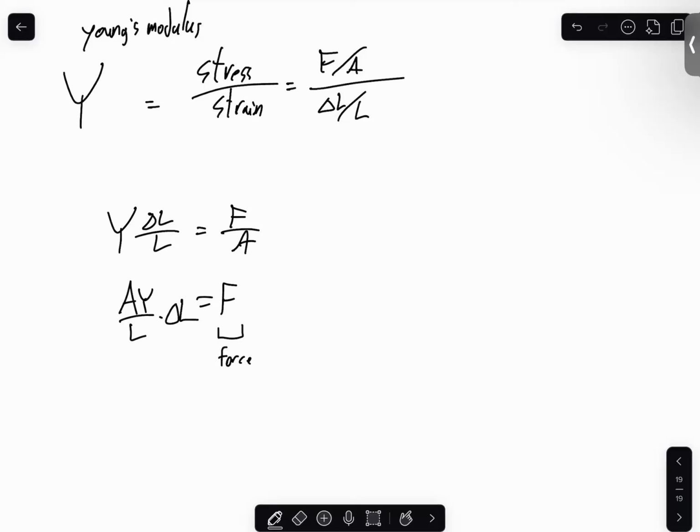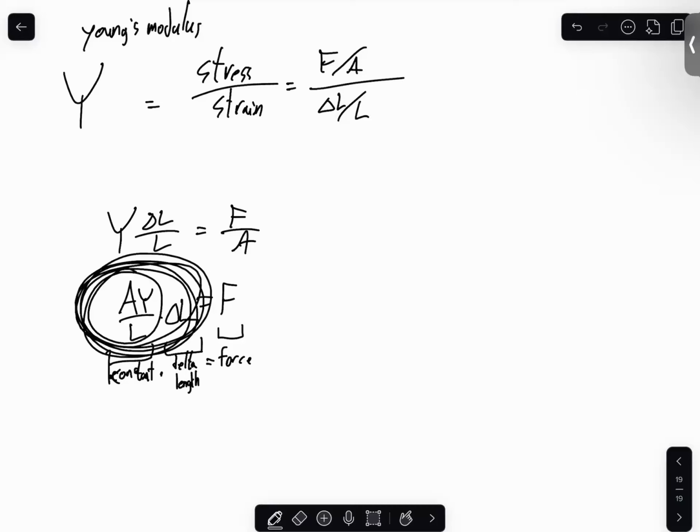Force, constant, delta L. Oh my sweet baby Jesus. F equals kx. This is the essence of the spring constant K.